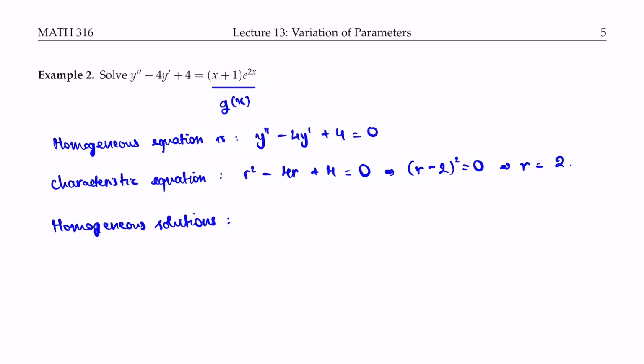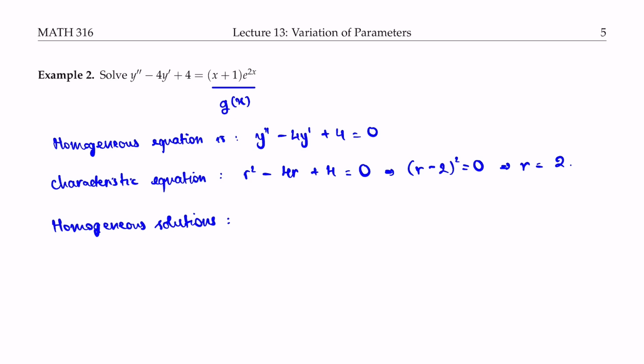So the next step is to find the homogeneous solutions based on the homogeneous equation. From this differential equation, the homogeneous equation is y double prime minus 4y prime plus 4y equal to 0. Then you turn this into the characteristic equation r squared minus 4r plus 4 equal to 0. You rewrite the quadratic as (r minus 2) squared equal to 0, and you solve for the root, that is r equal to 2.